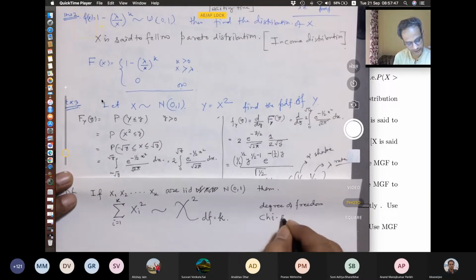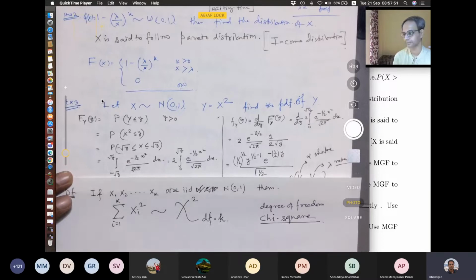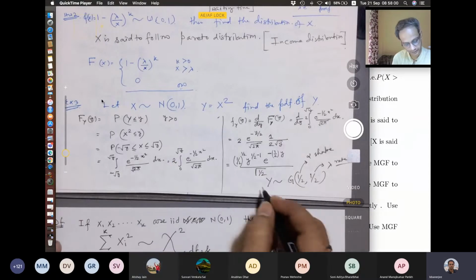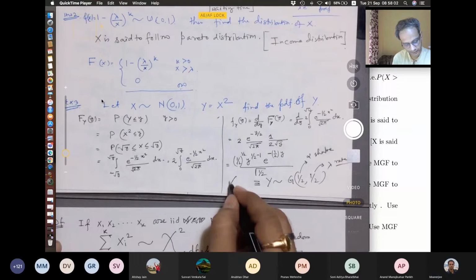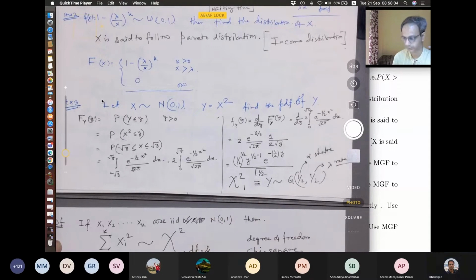Chi-square, df equal to 1. Degree of freedom will be 1. So this is equivalent to chi-square with 1 degree of freedom.